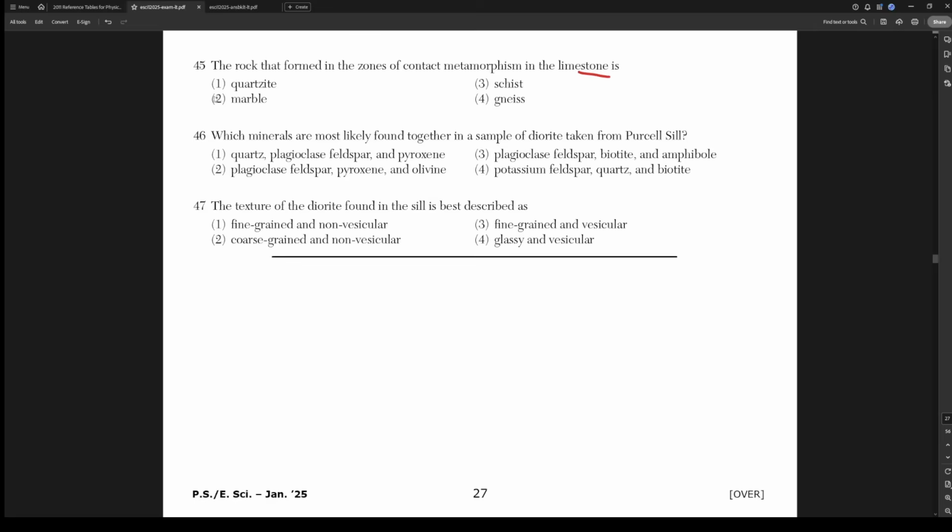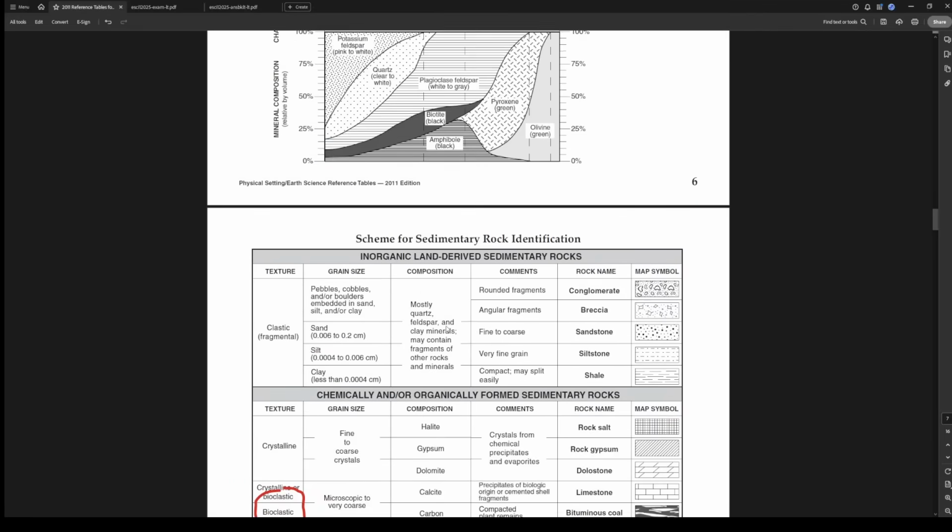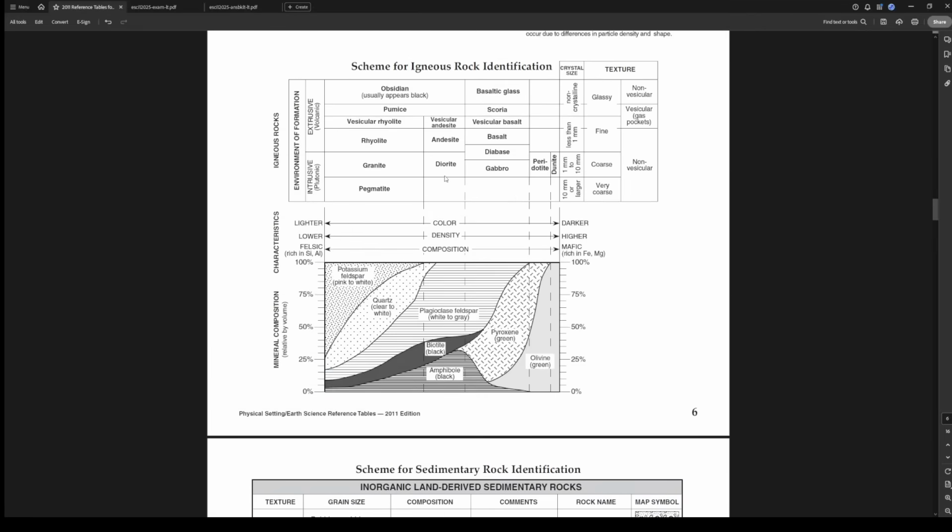So marble, easy. Which minerals are found together in a sample of diorite? Okay, so we're going to go to diorite on igneous. Go here, draw a line straight down, and whatever is in this column in diorite's box is possible mineral inside of it. So we got plagioclase, feldspar, biotite, amphibole, maybe a little pyroxene there, and maybe a little bit of quartz.